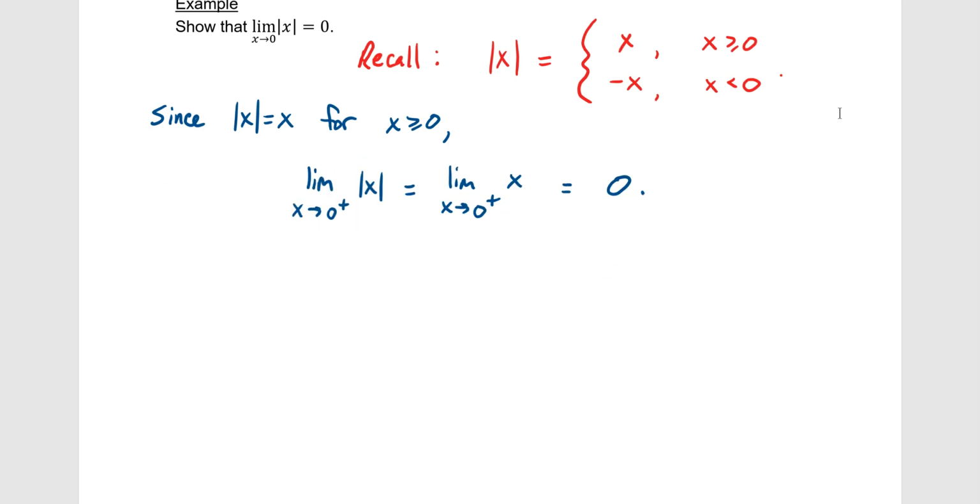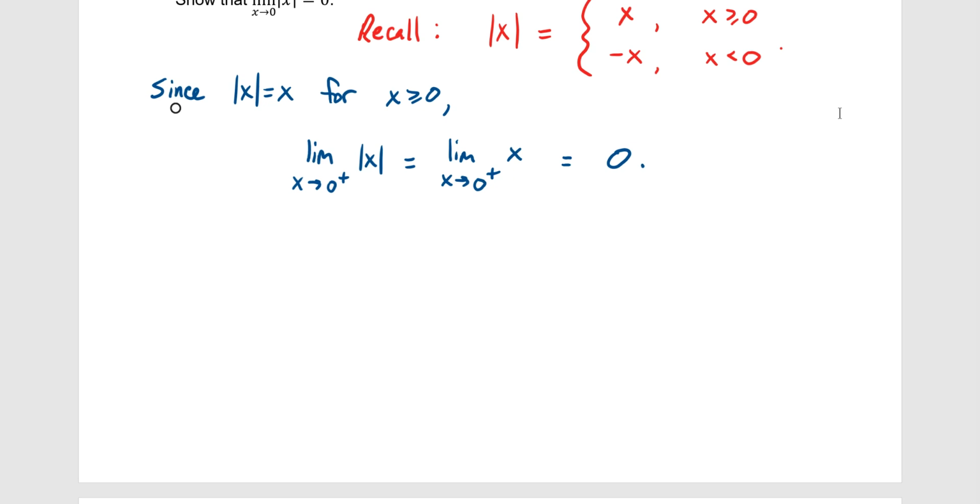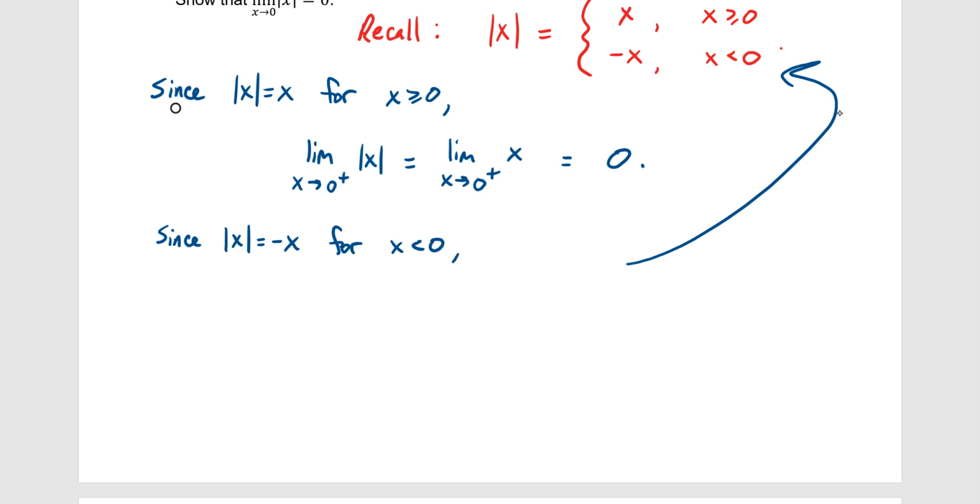And sorry, I said I shift everything up there. So now we're going to do the opposite from the left. Since the square root of x squared equals negative x, so this is going to be the second line up here, for x being negative, that tells us the limit as x approaches 0 from the left of the absolute value is going to equal the limit of just negative x, which once again, direct substitution tells us that's just going to be 0.